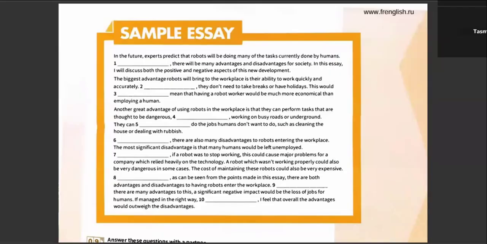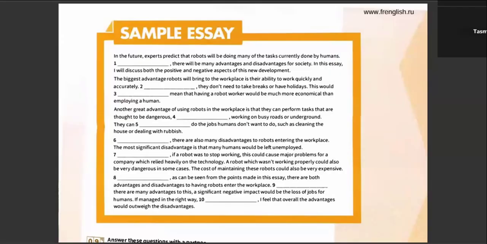And for number three, you will have to use therefore. This would therefore mean that having a robot worker would be much more economical than employing a human. So here, in the third blank statement, you are clarifying that having a robot will actually be more economical than employing a human being.